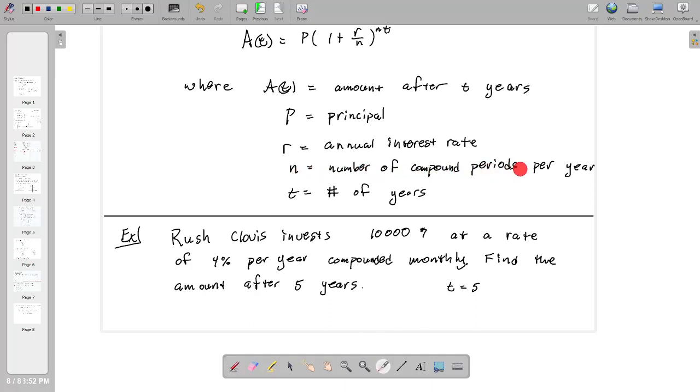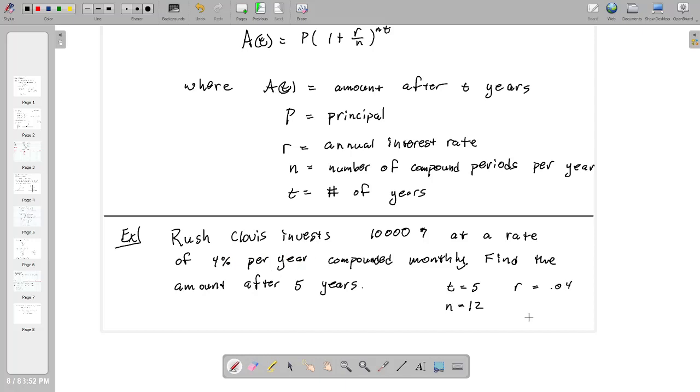n is the number of compound periods per year, and we're compounding monthly. So we compound once per month, which would mean that we're compounding 12 times per year. So n is 12. Our rate is an annual interest rate, so it's an interest rate per year. So we look back here and we see 4% per year.